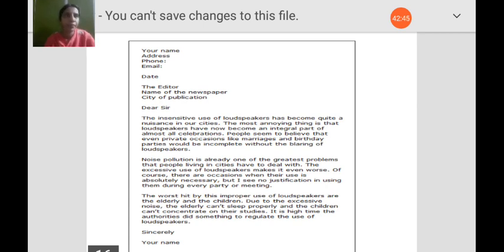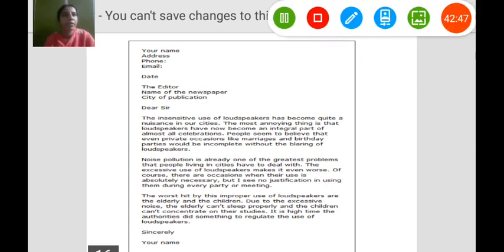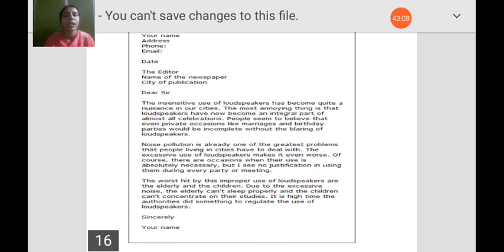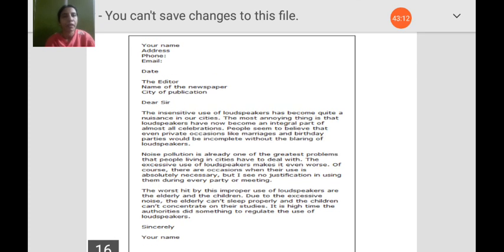Then the first paragraph which I told, I have adjusted here, and then the second paragraph, then the third paragraph, and then Yours sincerely, and then the name. This is one format I have followed.